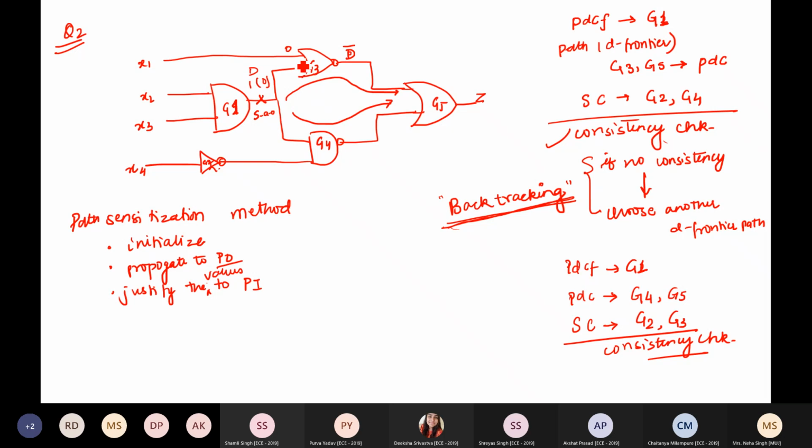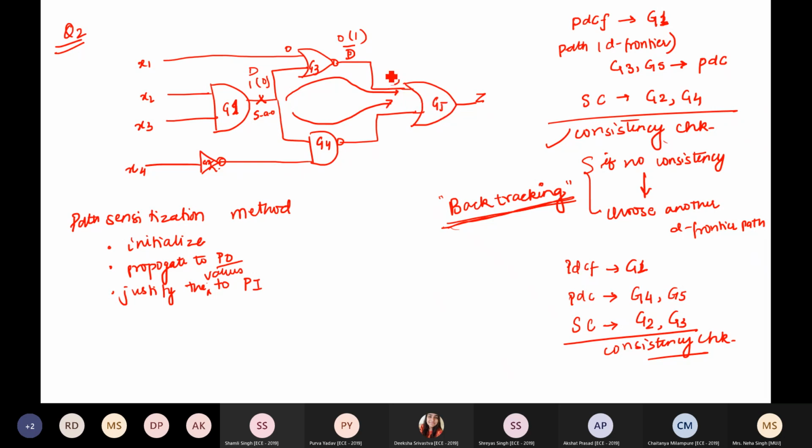Is it correct? For 0 1 the output should be 0, and for 0 0 the output should be 1 for a NOR gate. So at the output I will have D bar. Fine. To propagate this towards primary output, I need to set the values for the inputs at G5.